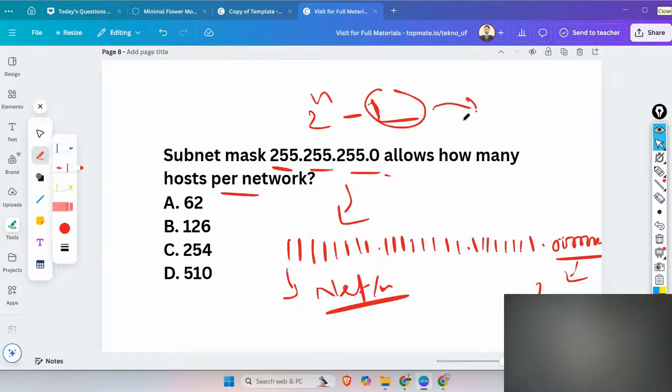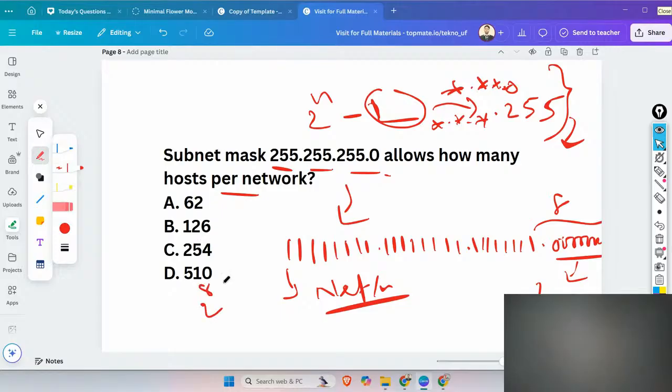Two addresses are reserved, for example dot 0 and dot 255: something dot something dot something dot 0, and something dot something dot something dot 255. These two IP addresses are reserved, so you have to subtract 2. And n is 8 because a total of 8 zeros are present. So 2 to the power 8 minus 2 becomes 254. These are all usable hosts. So how many hosts? 254. I hope you understood.